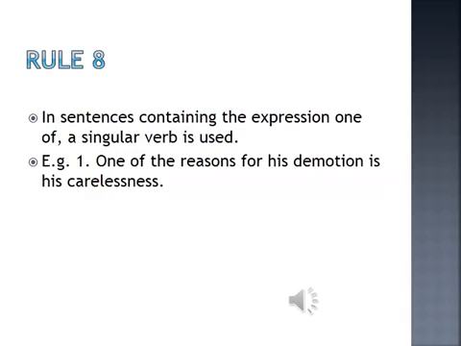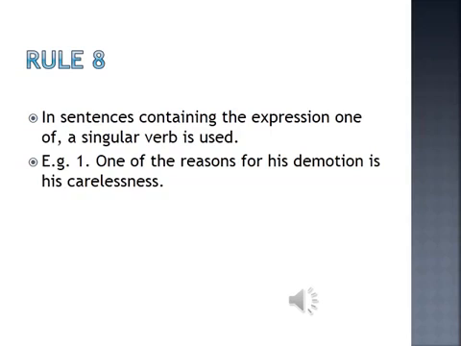If the sentence contains the expression one of, then you have to use a singular verb. One of the reasons, one of the causes. One of the reasons for his demotion is his carelessness.